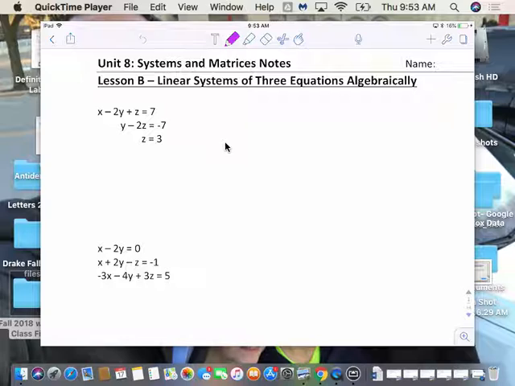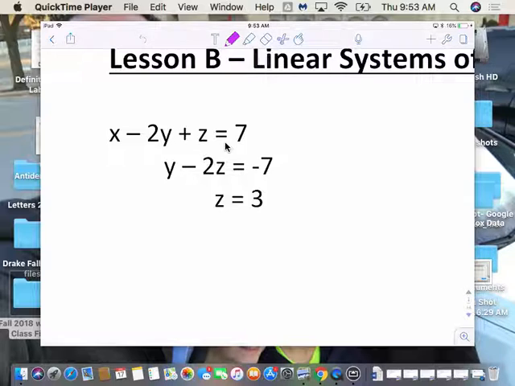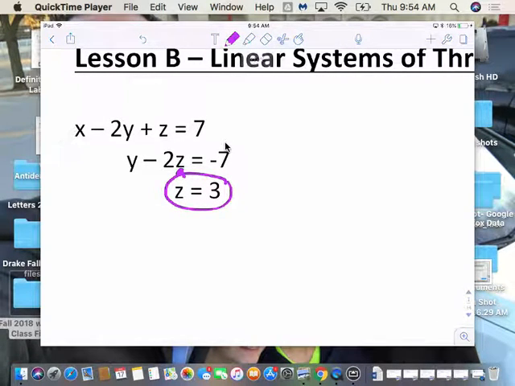So the first thing is, if you look at this first one, it is one we can do by substitution, and it's my favorite. It's called the cascade of substitution. Check this out. We could put the z equals 3 in for the z above. So we can plop that in there, and you get what? y minus 2 times 3 equals negative 7. All right, great.